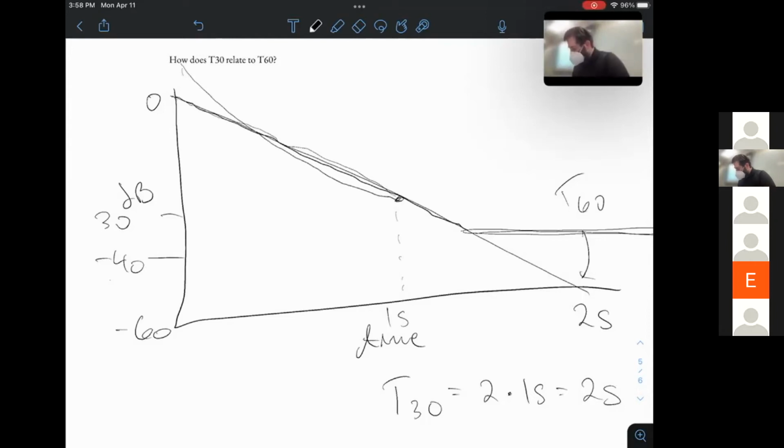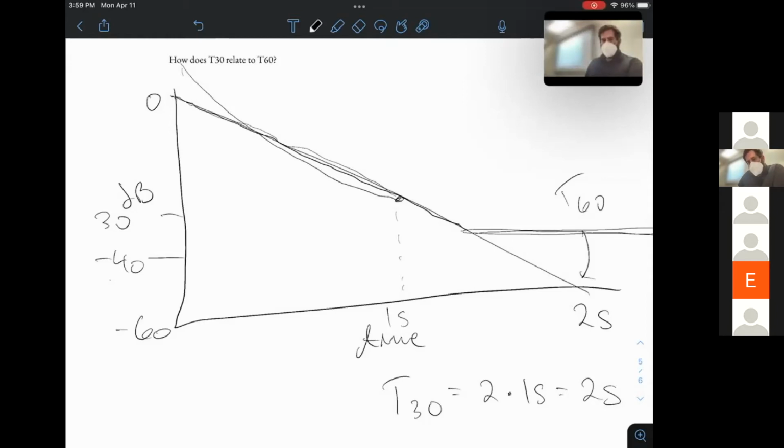So it is just an estimation, and you do it when you only have 30 dB of headroom in a room. But the value at the end should be the same. Where people get tripped up is they want to say, oh, your T30 is 1 second. No, I measured 1 second at a 30 dB drop, but my T30 is 2 times that, which gives me 2 seconds. Does that feel okay? Okay. So yeah, I got that.